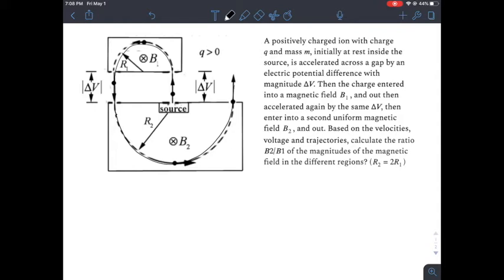Based on the velocity, voltage, and trajectories, we want to calculate the ratio B2 over B1, the magnitude of the magnetic field in the different regions.